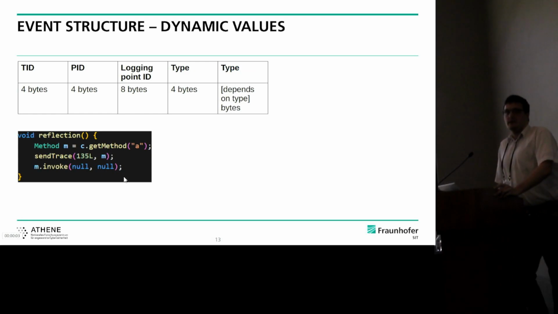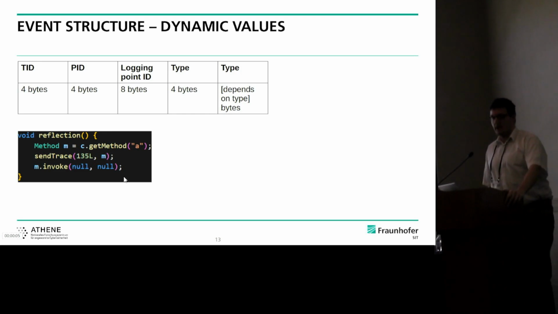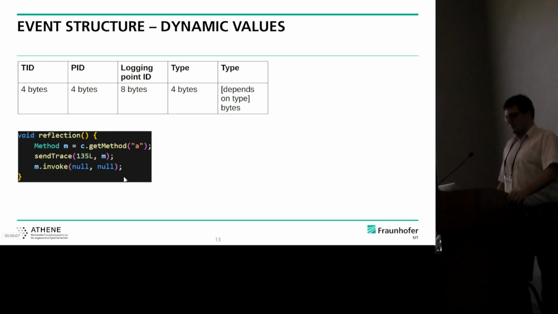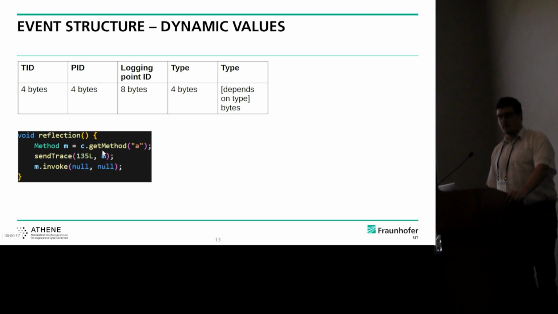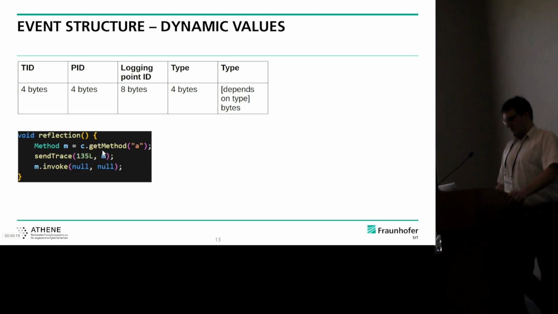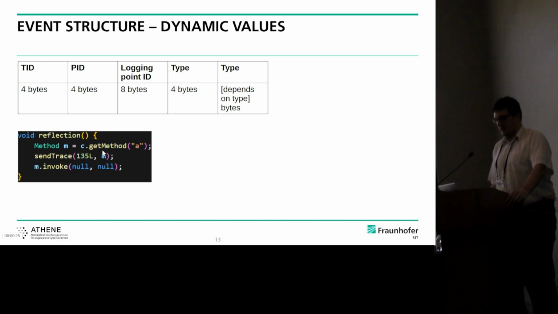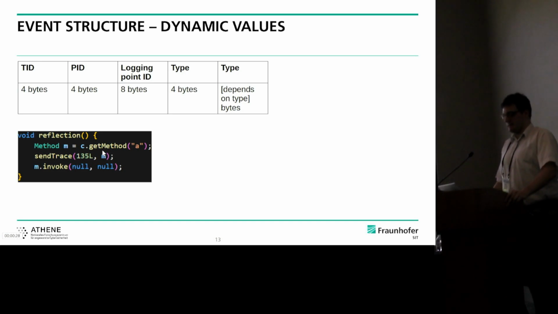For dynamic values, like I showed in the sample with the URL earlier, the structure is a little bit different and depends largely on the type of value we have. In this case, we have an example with reflection. Reflection is a way in Java to call arbitrary methods by knowing their name, which can be passed via string.